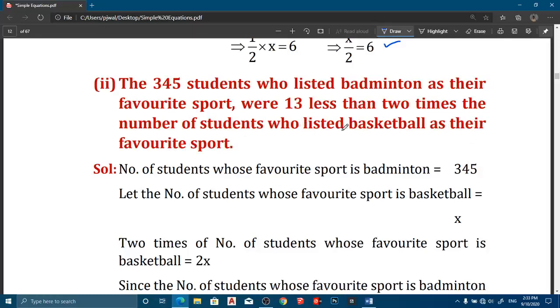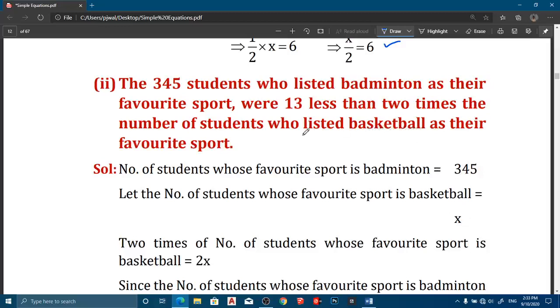Do you know the number of students whose favorite sport is basketball? We don't. So we can take the number of students whose favorite sport is basketball as x, because this is an unknown value.